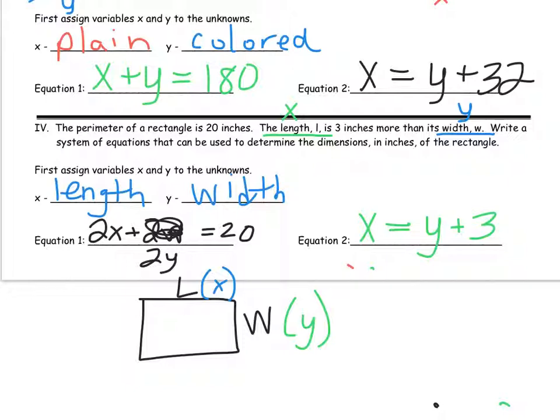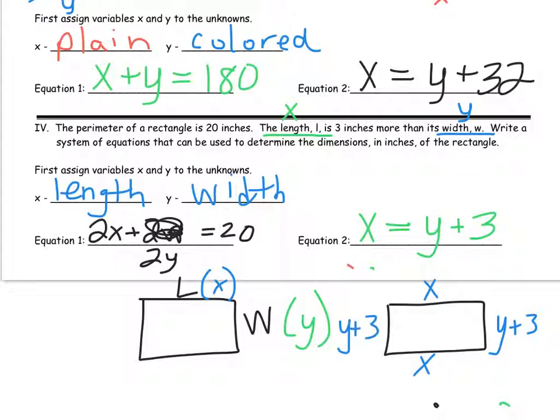And if we just look at our rectangle now, we know that our length is x and our width is y plus 3. So those are my two equations.